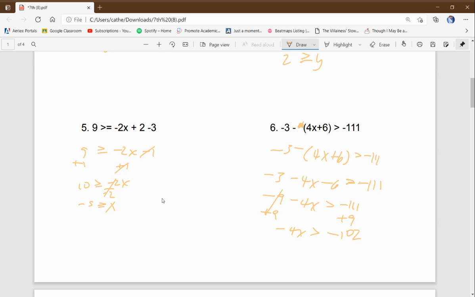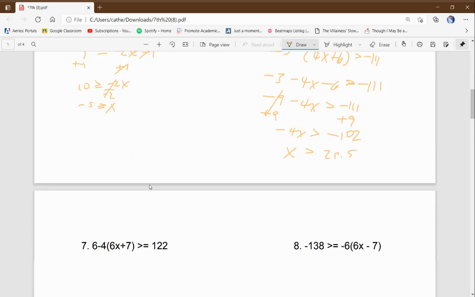Because this doesn't divide cleanly. You would get x is greater than 25.5. But I don't think that's right because most of these have to get the answers cleanly. So I'm not sure what that is.